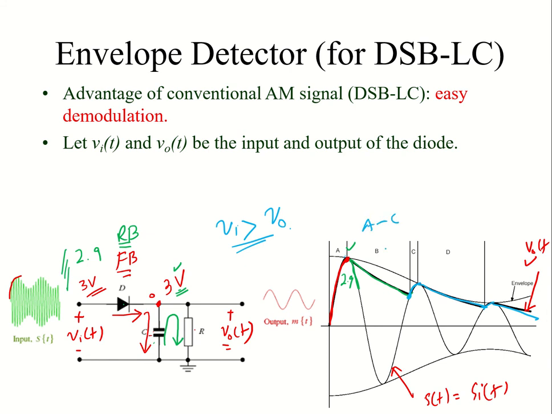From A to C, in this period your capacitor is discharging, and during the period at C, your capacitor is charging.